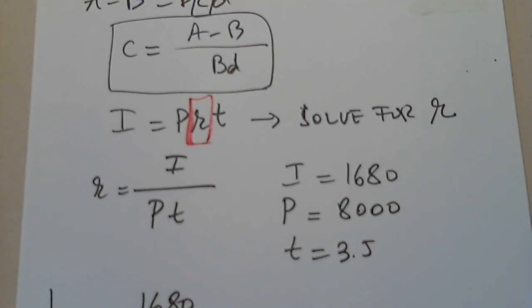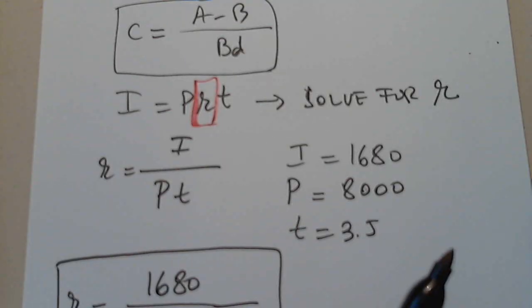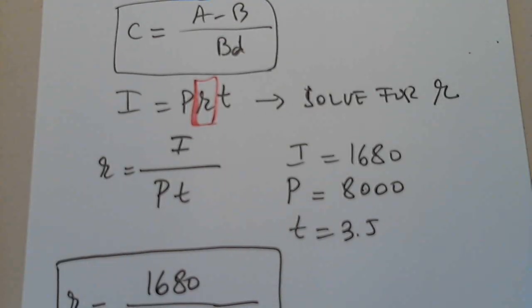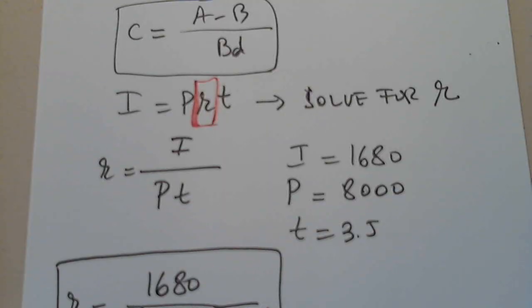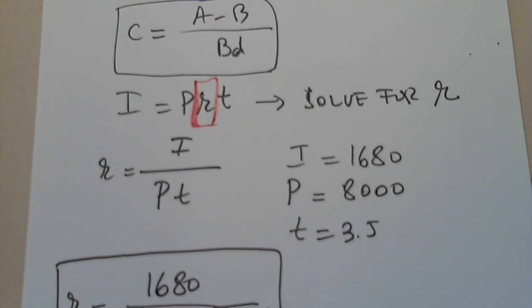But I want to show you how important it is to understand how to enter it in the graphing calculator. If you do not put parentheses around the denominator, the calculator will perform a totally different operation than the one intended. Okay? So careful.